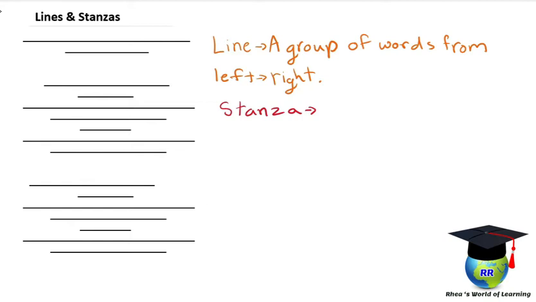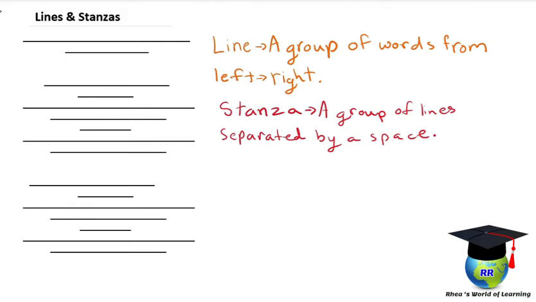That one difference is mechanics, or the rules of grammar. First I'm going to write the definition down. Stanzas are a group of lines separated by a space. So you might see that now that I wrote the definition down, it's a group of lines separated by space. That is exactly what paragraphs are.